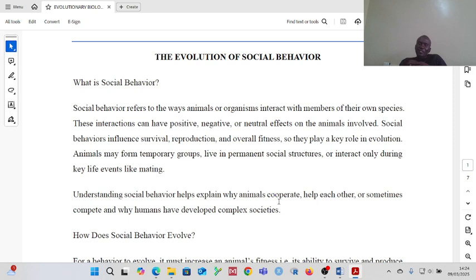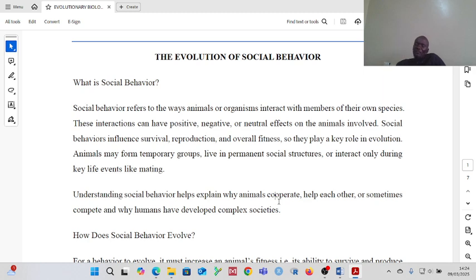So that means that because social behavior influences survival, reproduction, and the overall fitness for the members of the species, social behavior plays a key role in evolution.